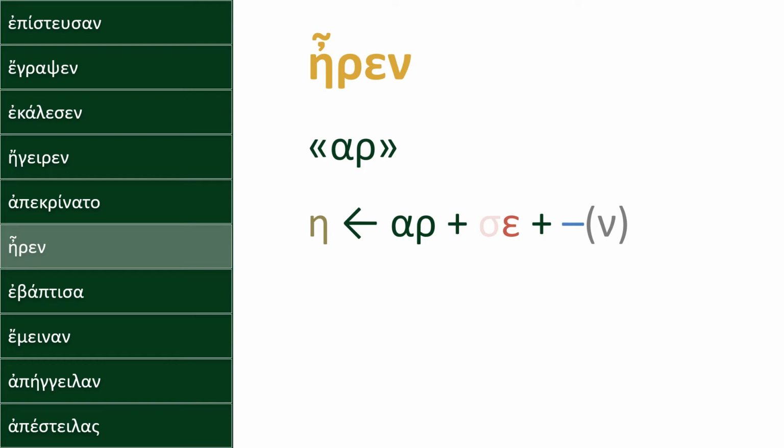Please note that ar ends in rho, a liquid consonant. The aorist tense formative for liquid stems is alpha instead of sigma alpha, or for the 3 singular, epsilon instead of sigma epsilon. Thus the epsilon is a somewhat obscured first aorist tense formative. There are no personal endings for the active 3 singular, so the final form is eire or eiren, allowing for the movable ni.